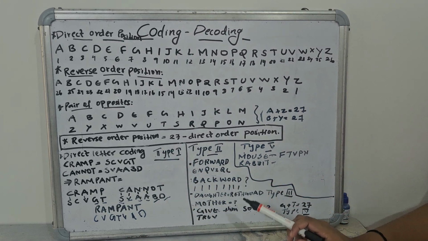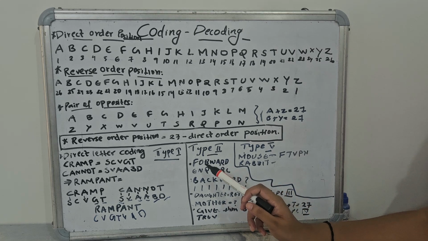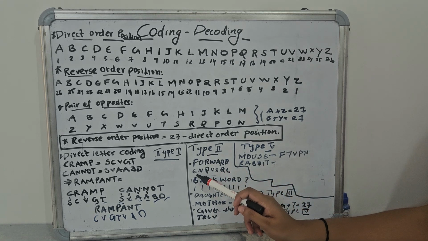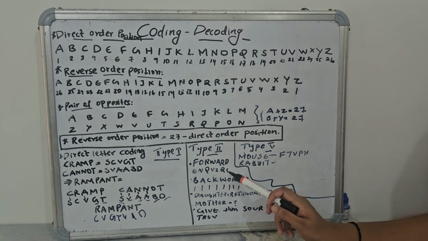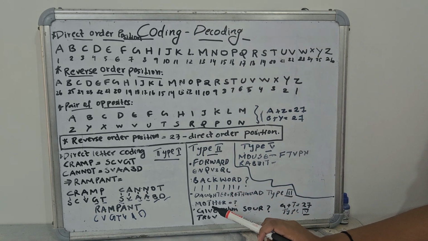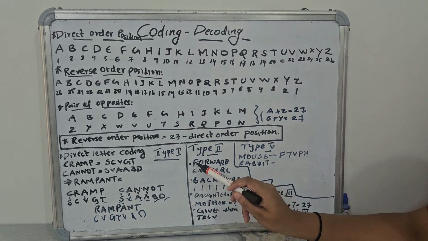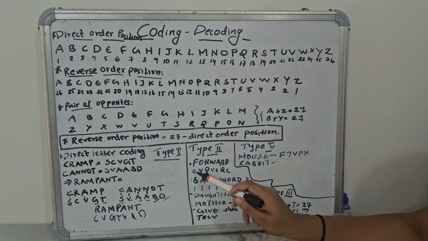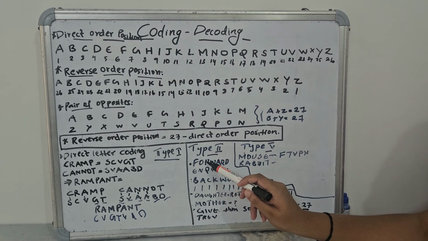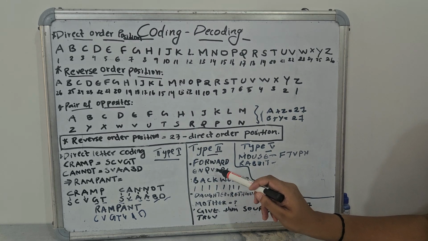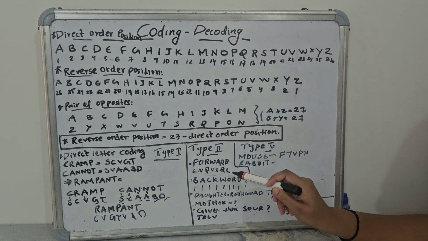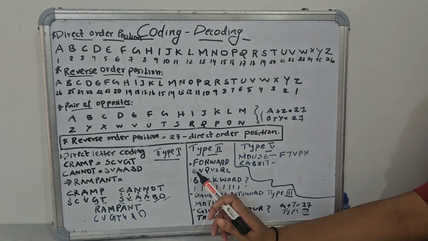Next is the second type of direct letter coding. Here FORWARD is written as ENQVZQC. Then what is BACKWARD? Looking at the relationship, F and E, O and N, R and Q, and so on.